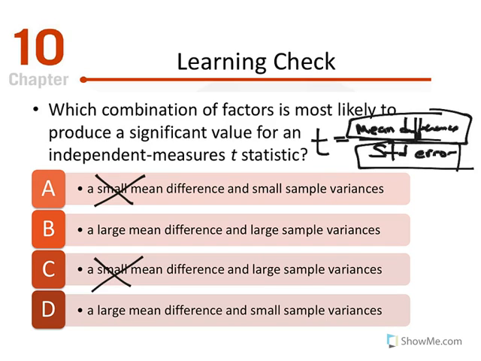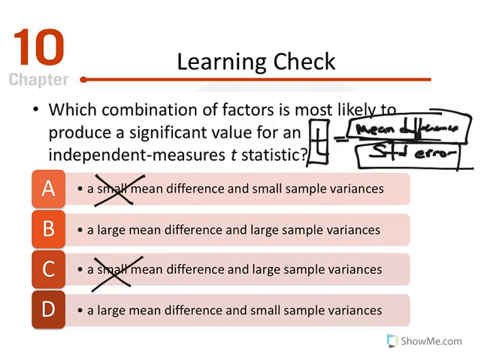So the denominator represents standard error, which is reflective of variability. And for some time now, we've been discussing that low variability is ideal. In terms of the equation, when we divide by a lesser number, the quotient, in this case the t-statistic, will increase. So we want low, small variability.